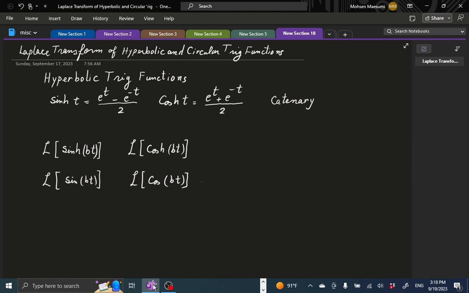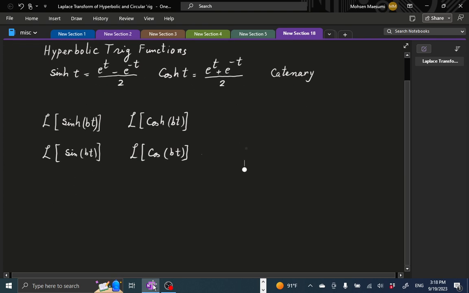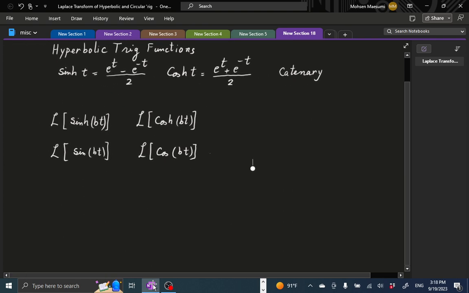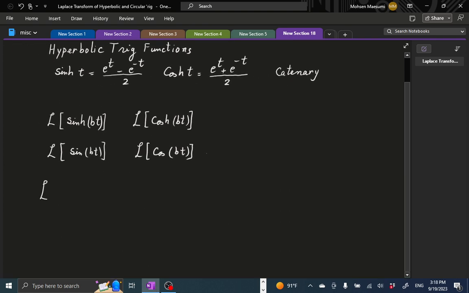Okay, after that long introduction, what's the Laplace transform of these curves? Suppose I want to take the Laplace transform of sine hyperbolic of bt, like for example 2t or 3t, some multiple of t.